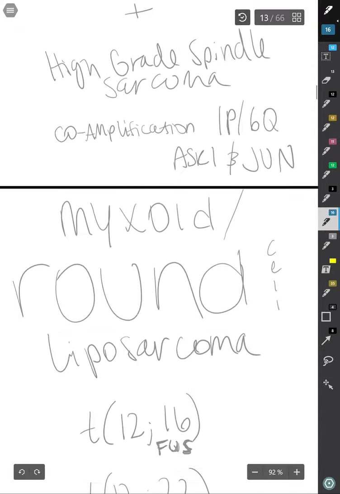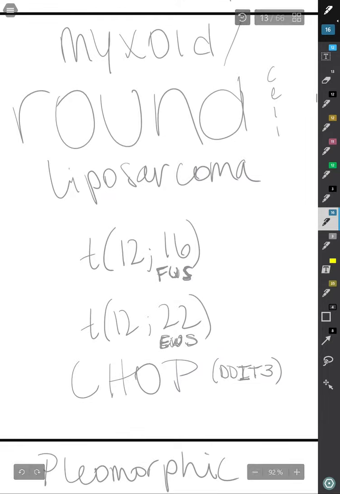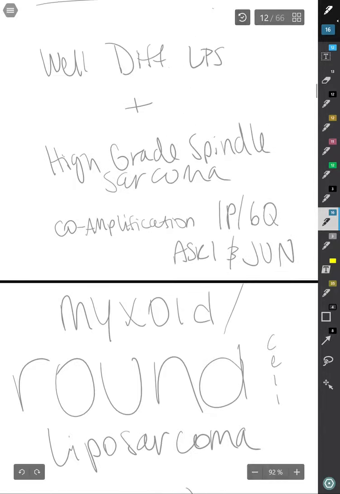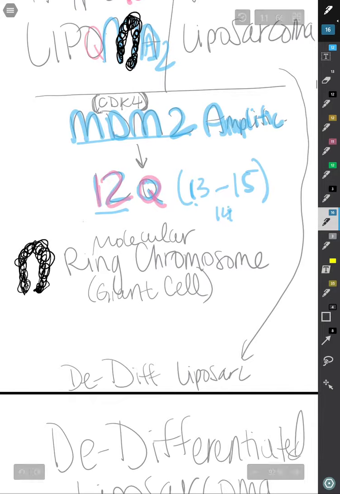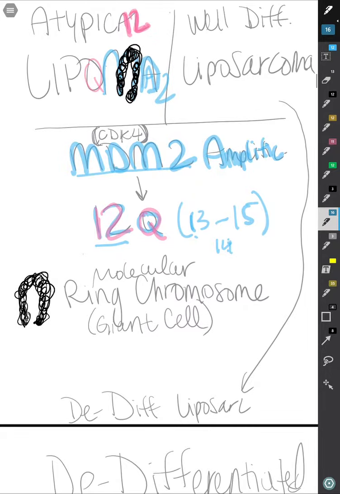The next number is 16, so I always kind of associate that, and in my brain, however jumbled up it is, it kind of sticks. So this is 13 through 15, and then the myxoid has 16, the number in it.